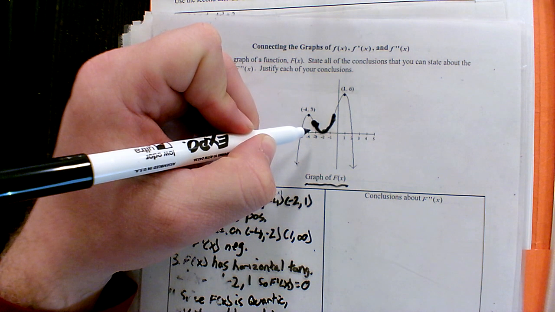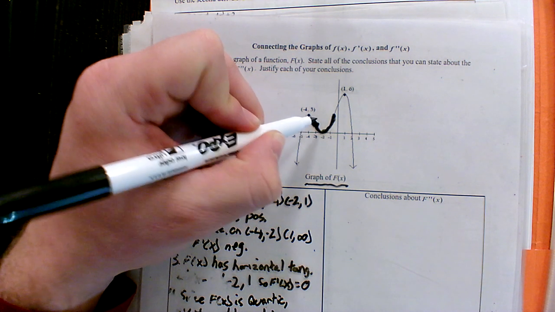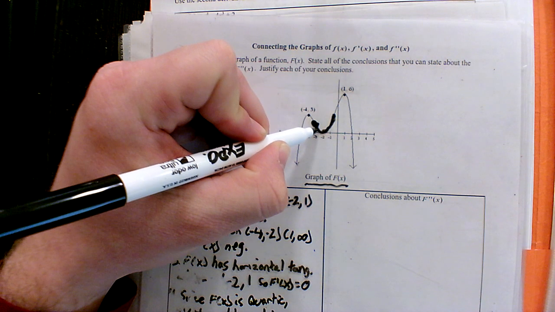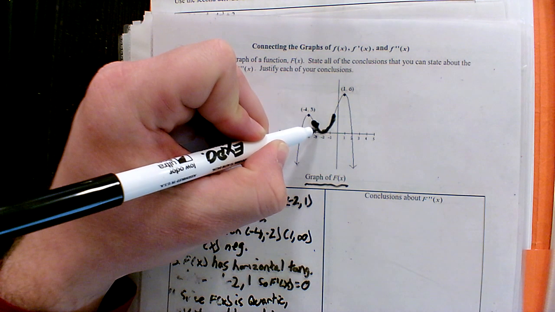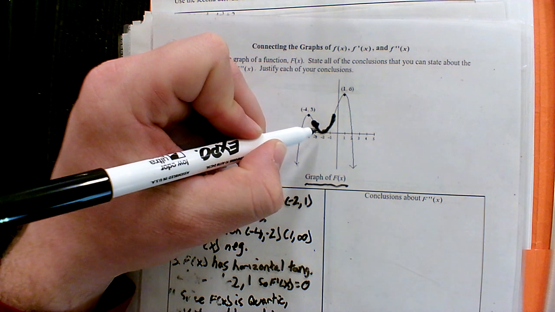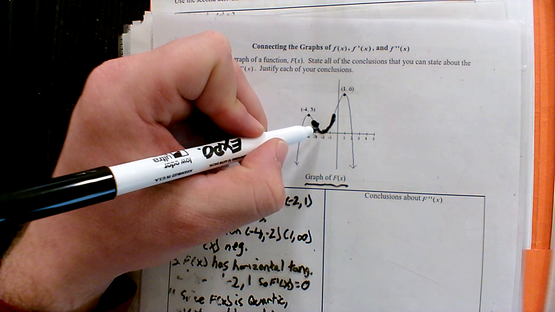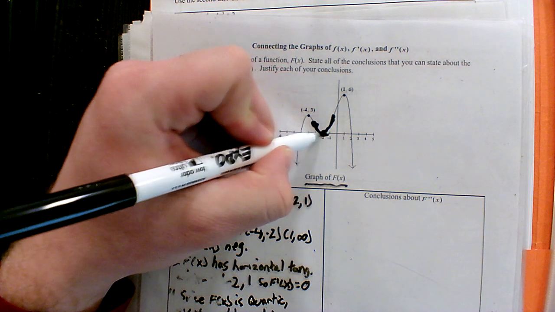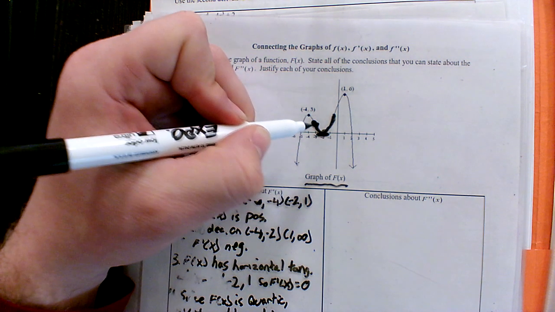We don't know the actual number, but it will be negative. As I get closer and closer down here, it's going to be a negative number all the way until I touch the x-axis, but the negative number is getting closer and closer to what value? 0. Eventually, I get to the bottom. The slope is what? 0.